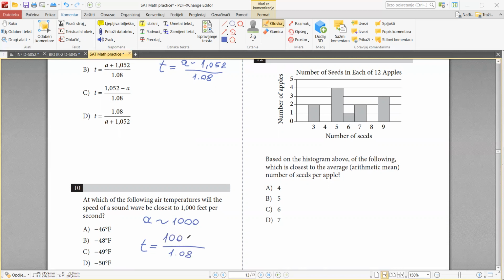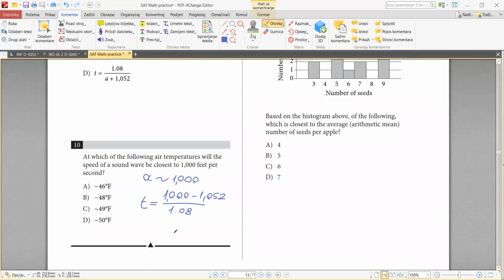We need 1000 minus 1052 divided by 1.08.